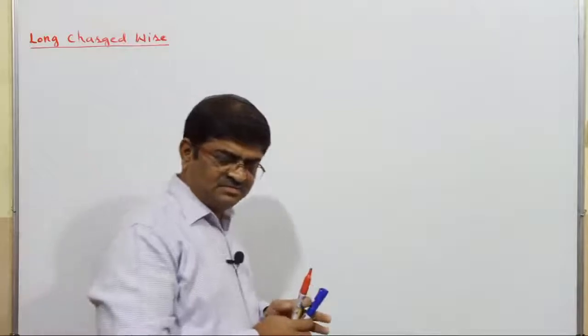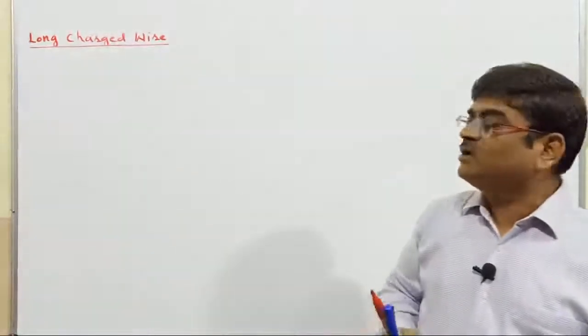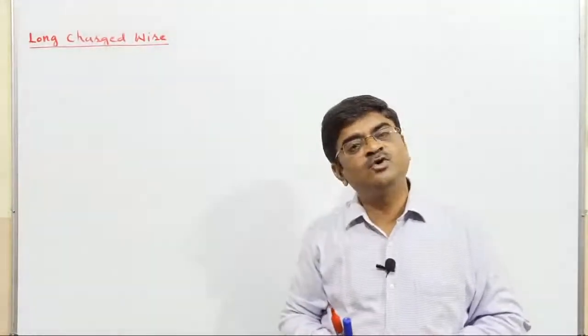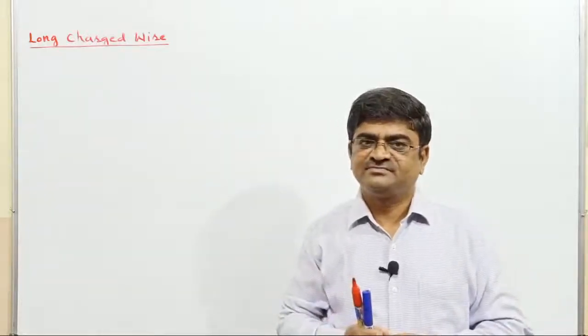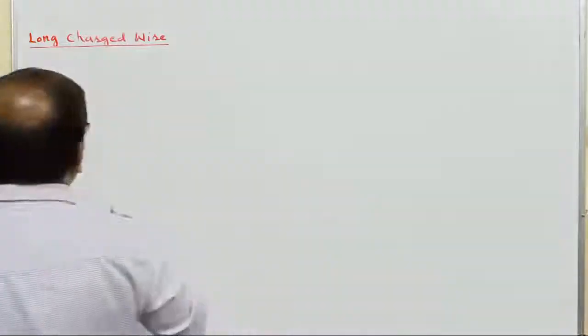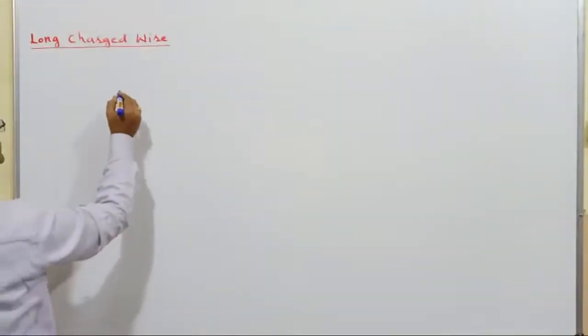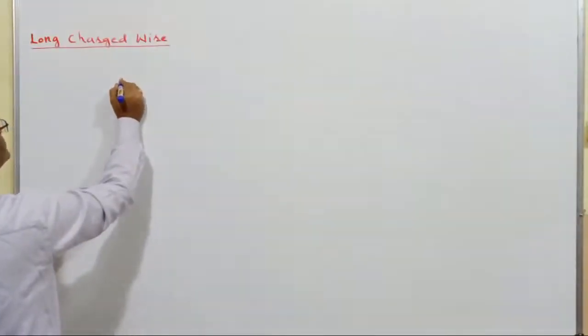What is my next point of discussion? I would like to apply Gauss theorem to a long charged wire. Okay, so for that, let me have a long charged wire.